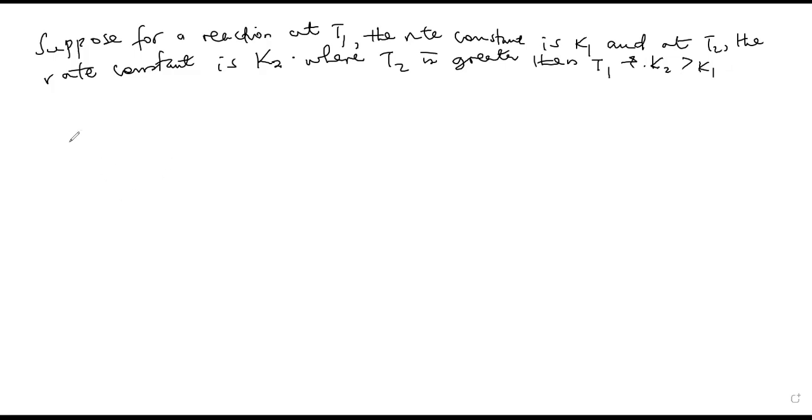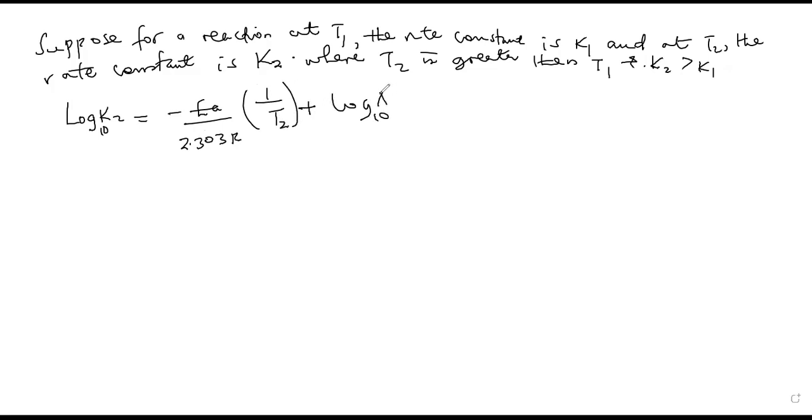It means that log to base 10 of K2, from the previously derived equation, is equal to negative EA out of 2.303 R times 1 over T2 plus log 10 of A. You call this equation 1.